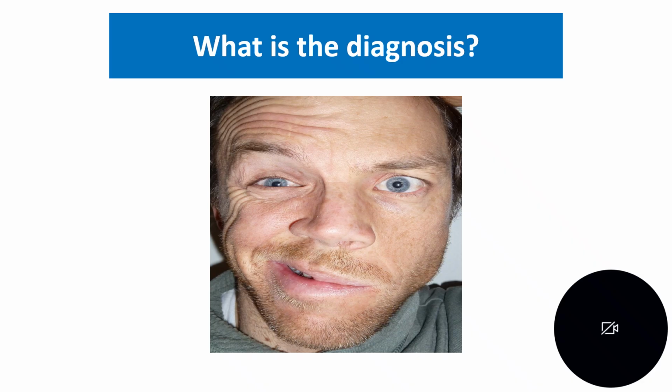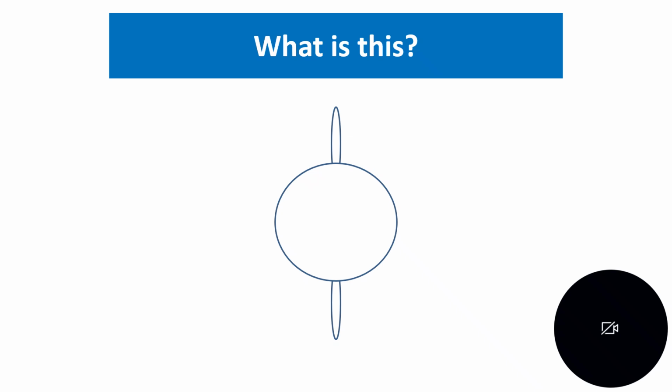The problem with pattern recognition is if you have never seen the pattern before, or you saw it ages ago and it didn't register, so it didn't fix in your long-term memory, then you're not going to recognize the pattern. So, what is this?